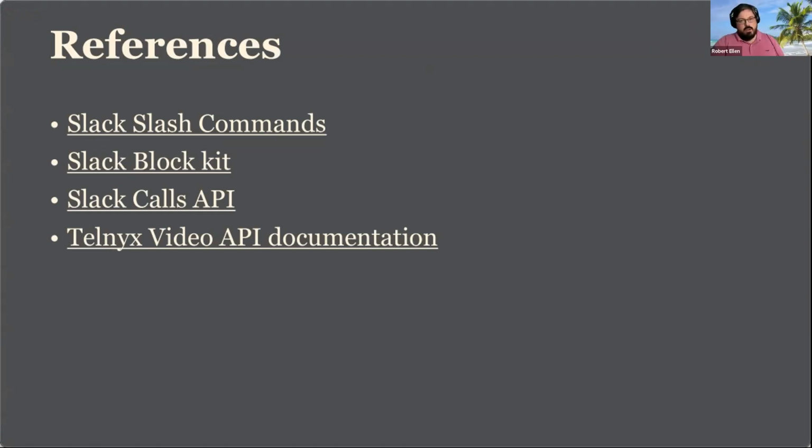Yeah, Qing, I have a couple of questions. Sure. Are there libraries in Elixir already that abstract any of the Slack API? A good question. The answer is yes, but the reason I didn't use any of them is because they are kind of outdated.